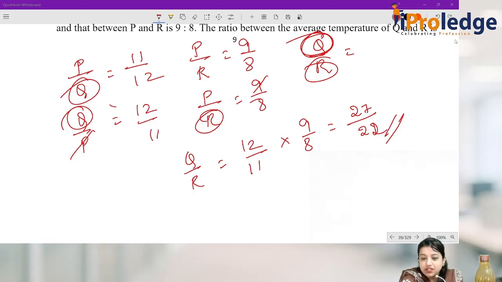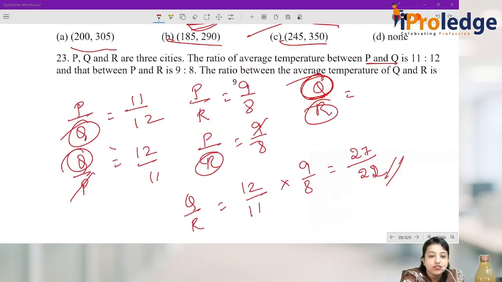Okay, 16. Can we bring the chat box here? Can you explain the 16th one?